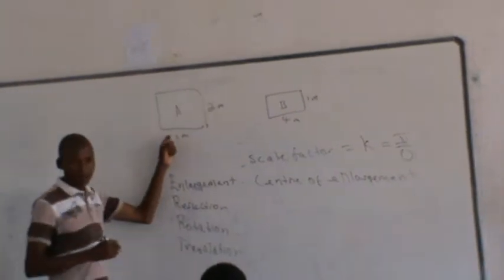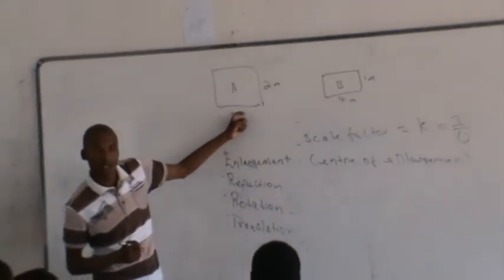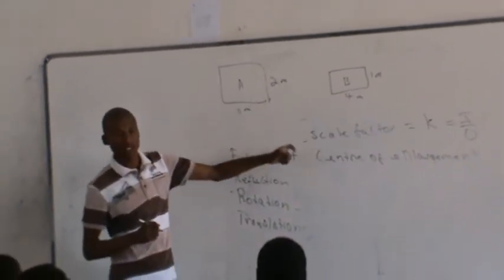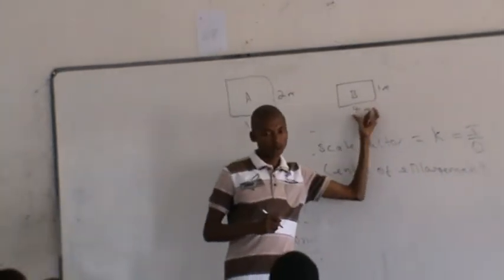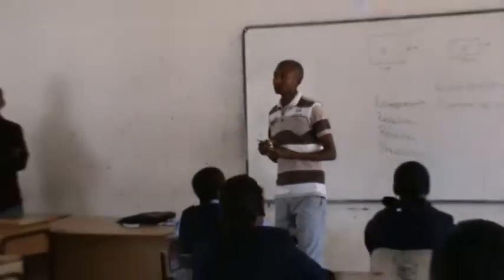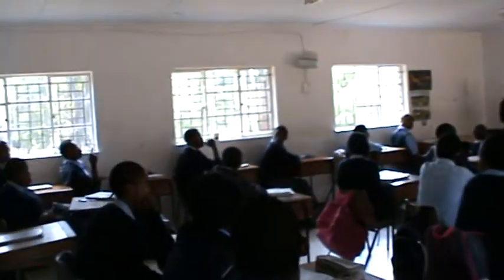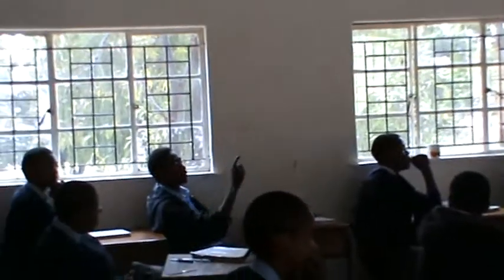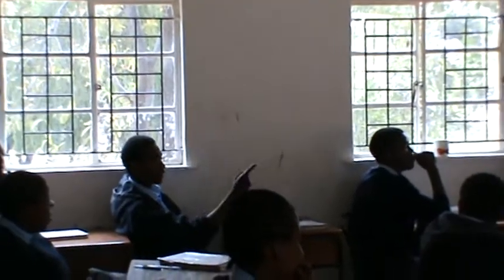So this time around we are going to take our figure A as our object, and this one is going to be our image. Now, we'll say 4 meters divided by 8 meters, and 1 meter divided by 2 meters.